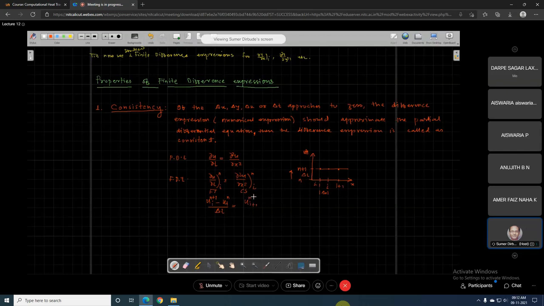I can take n plus 1 also. Let me write it as m or n, any; we will discuss later. Twice u i plus u i minus 1, let's say m, divided by delta x square. This is a finite difference expression.